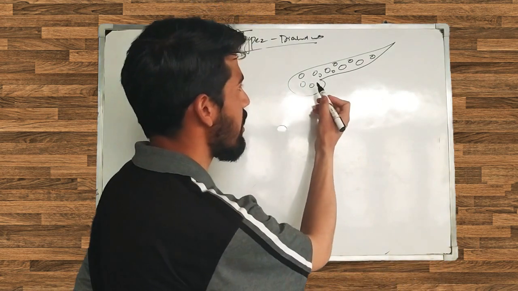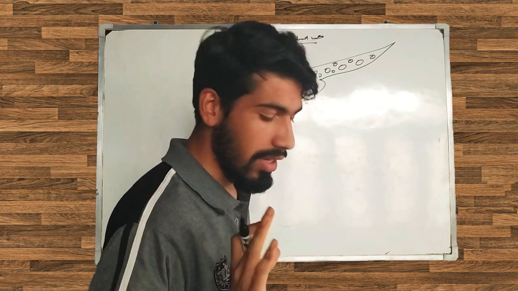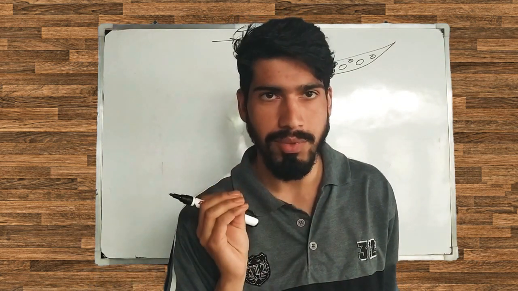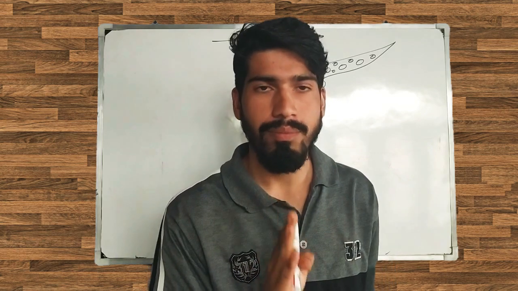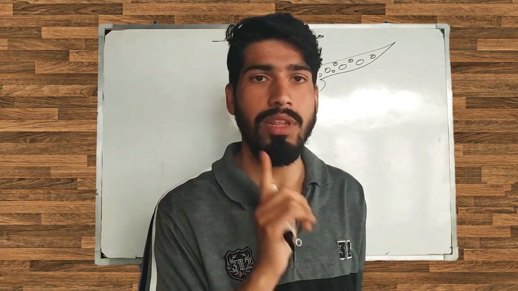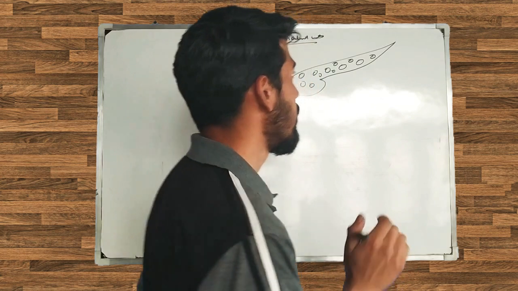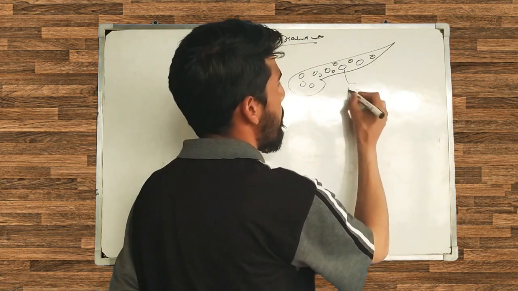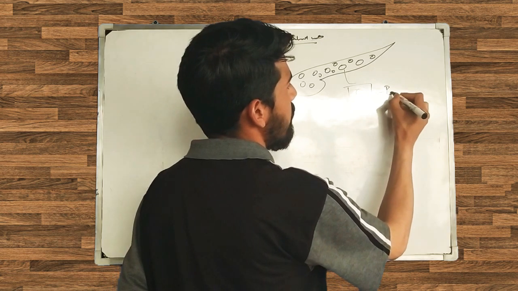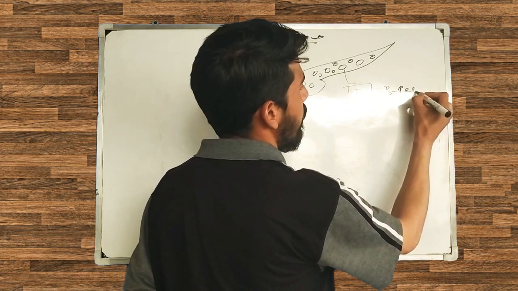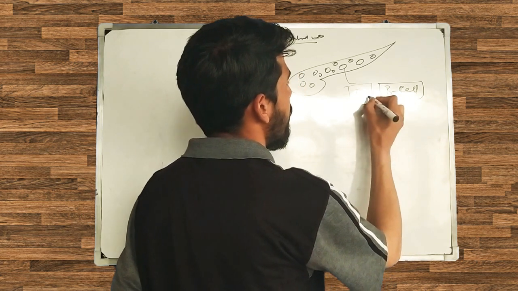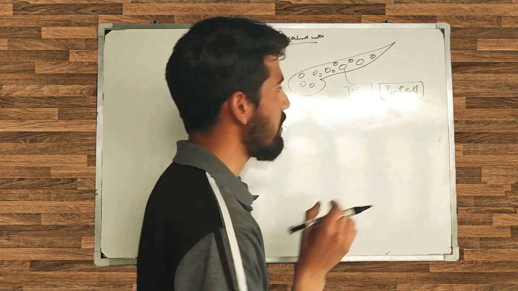So this is the pancreas. There are islets of Langerhans. In the islets of Langerhans there are alpha cells and beta cells. There are different types of cells, but in this video we are talking mostly about the beta cells. Suppose this is the beta cell.